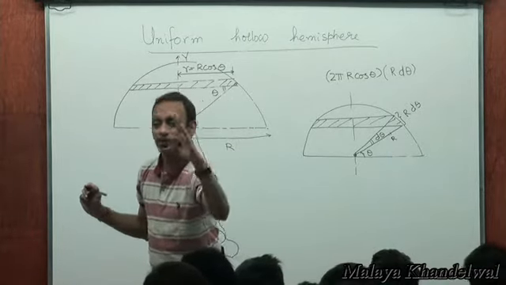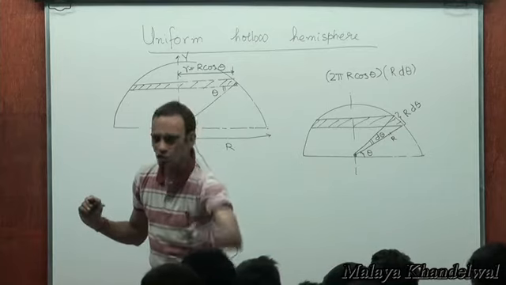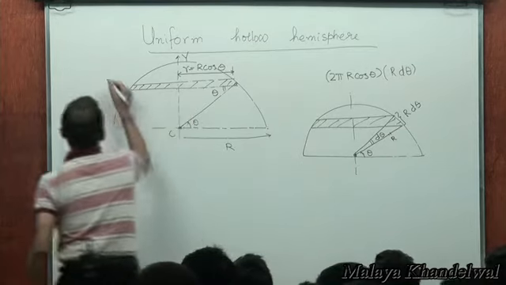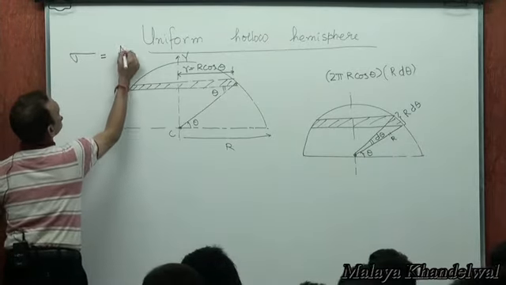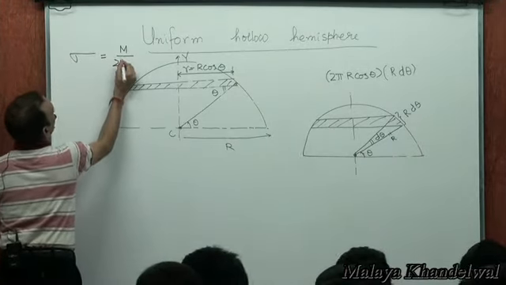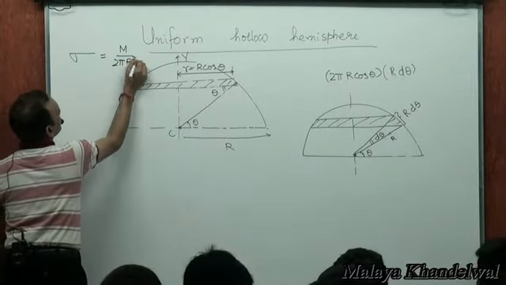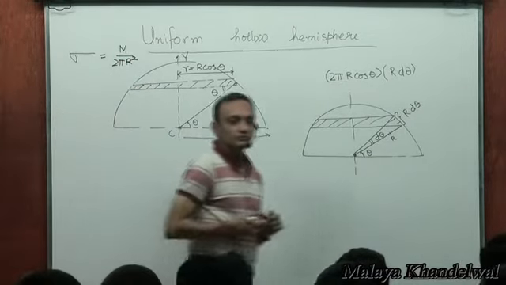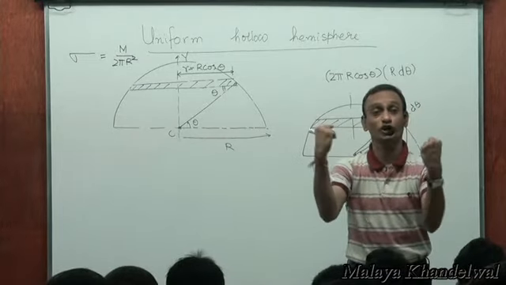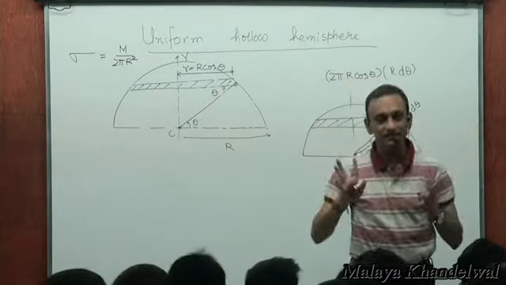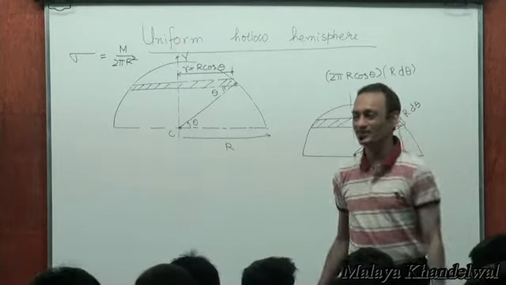So fix that. Rho is not relevant here, and that's not even the rho for the object. The surface mass density is mass divided by 2 pi r squared. Mass divided by 2 pi r squared is the mass per unit area distributed on the surface of the hemisphere. Fix that, please. That was a mistake that I made.